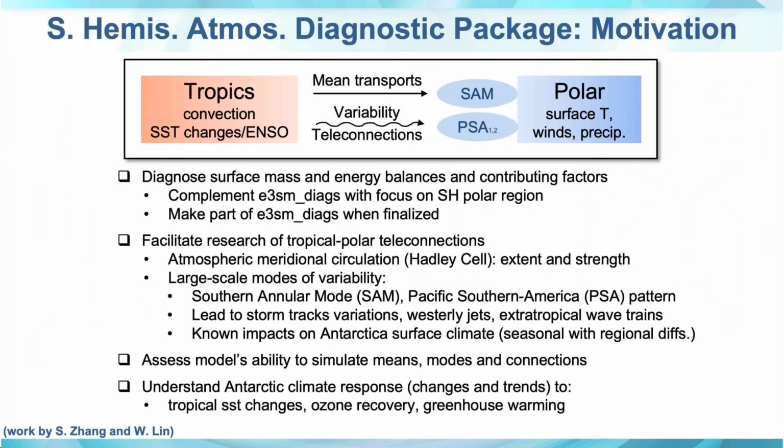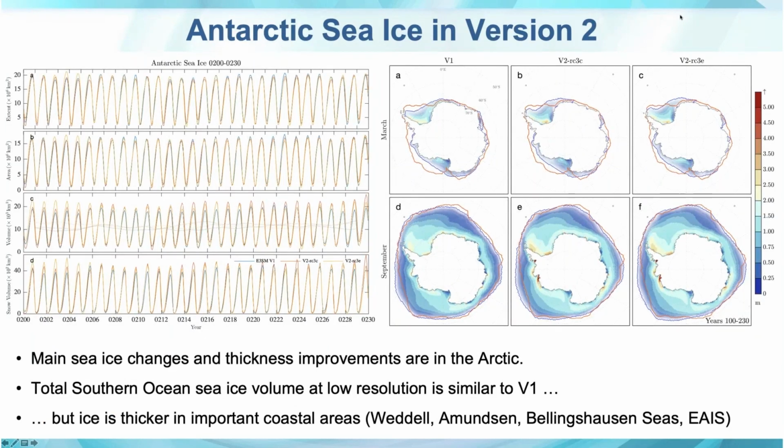You can see that there are areas around the coast in particular where the sea ice is thicker in V2, and those are important for deep water formation and interactions between sea ice and sub-ice shelf melting and water mass formation. So those look like small changes, but they are actually important.